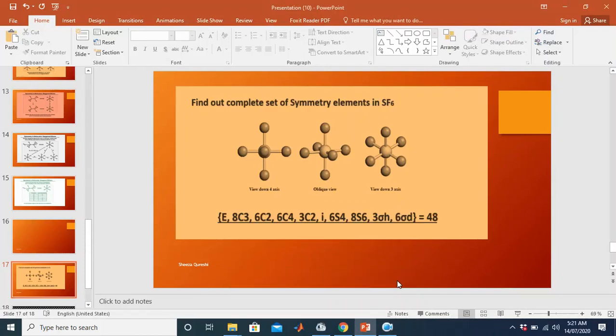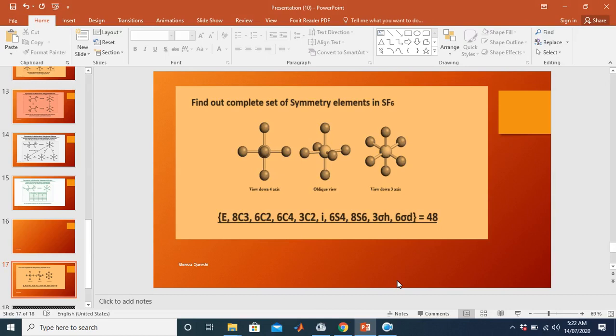This is the last example of the topic. Find out the complete set of symmetry elements in SF6. We have three views here of the SF6 molecule, and we can see the symmetry operations which are given here.